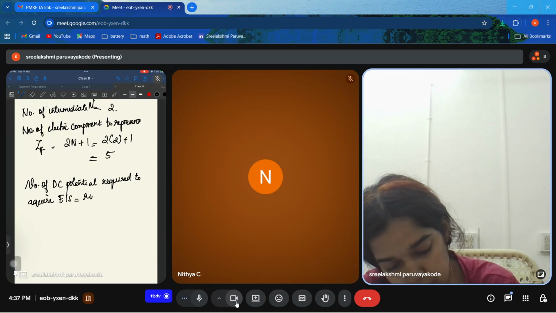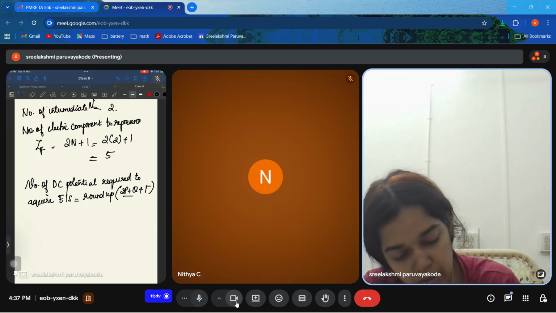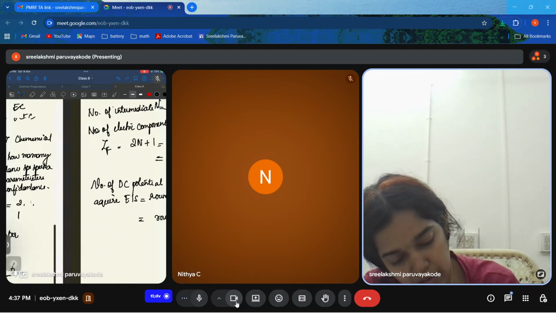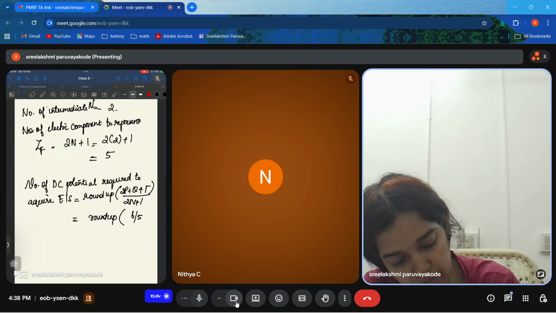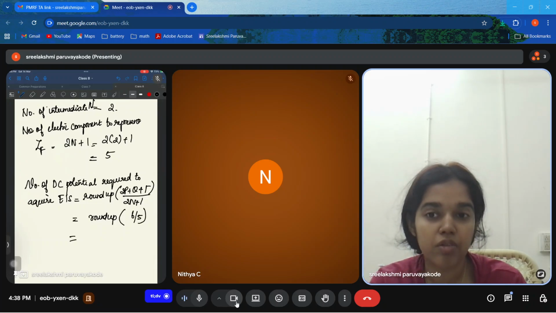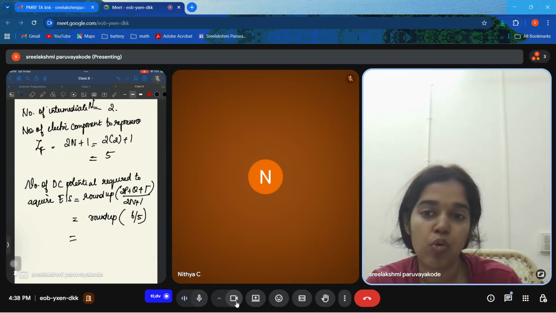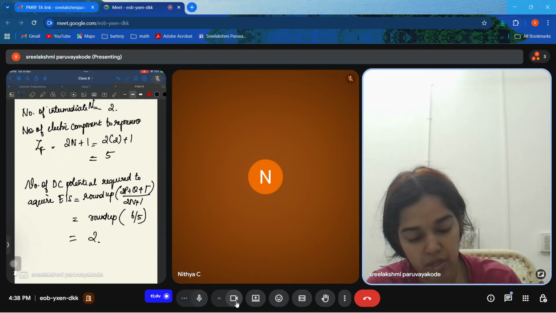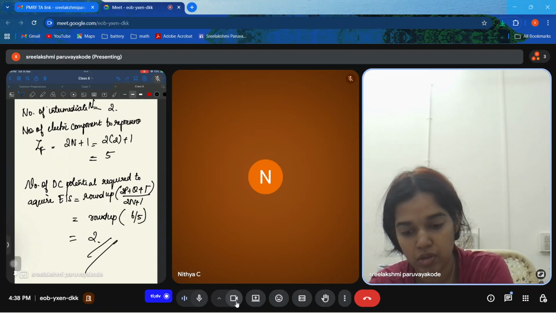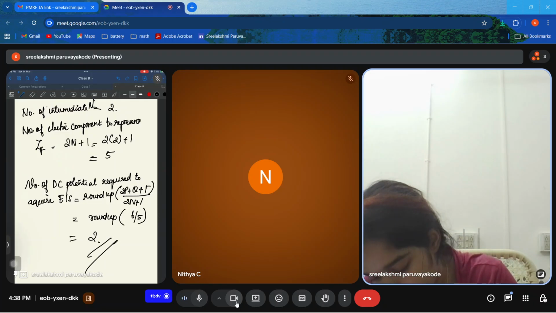You have to round up which one? (2p plus q plus gamma) by (2n plus 1). So round up 6 by 5. When you're rounding 1 point something up, it becomes 2. So 2 is the answer for this question, right?